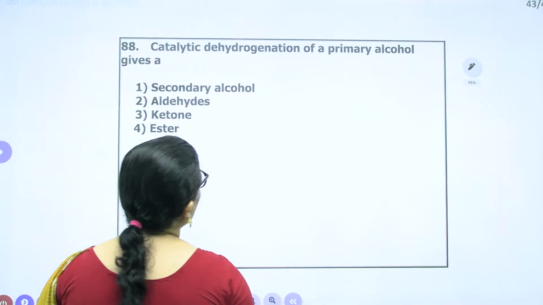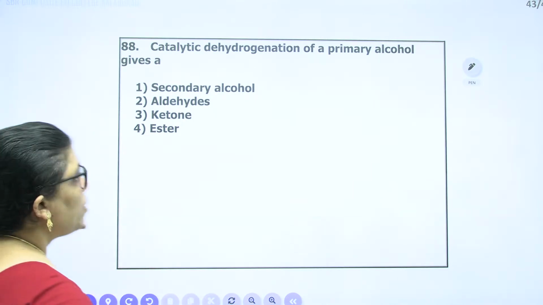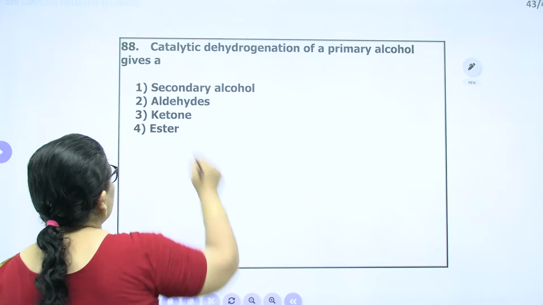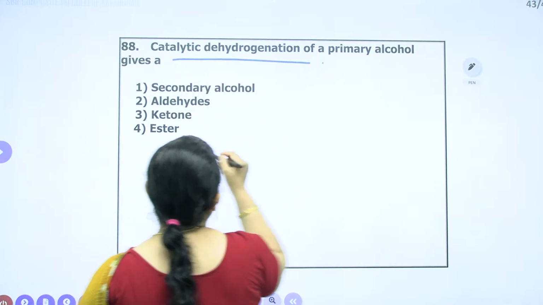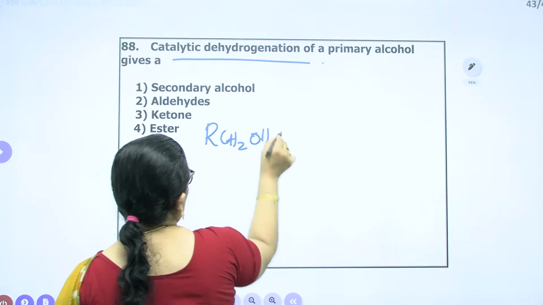Next, question number 88 is related to croton aldehyde, the catalytic dehydrogenation of primary alcohol. Primary alcohol is RCH2OH.